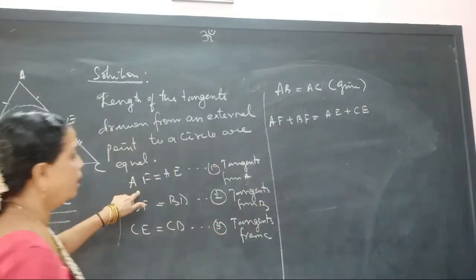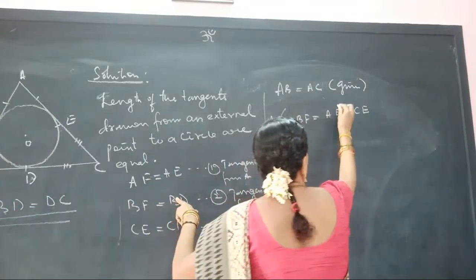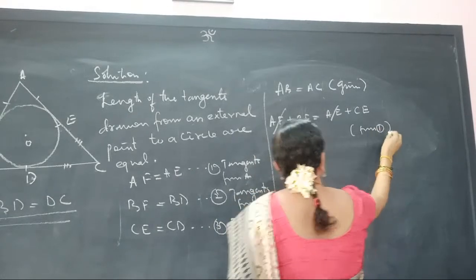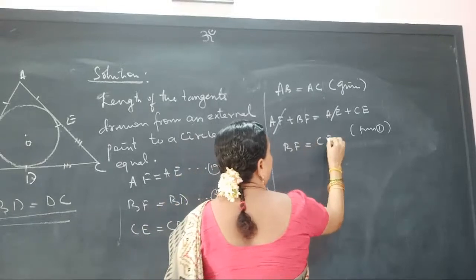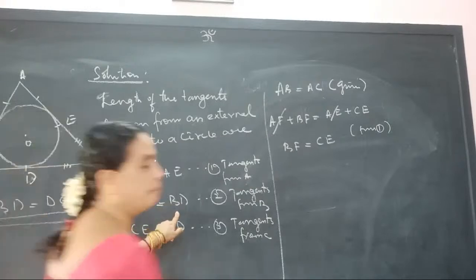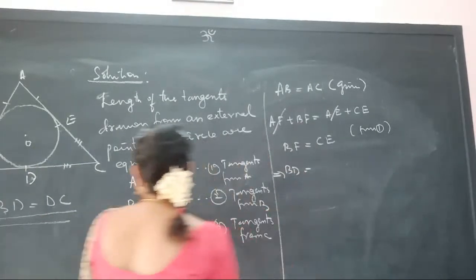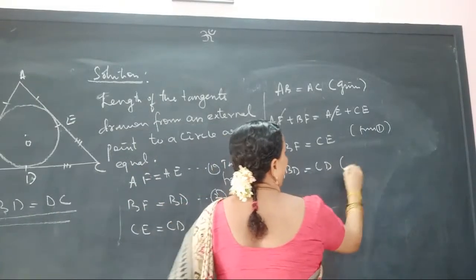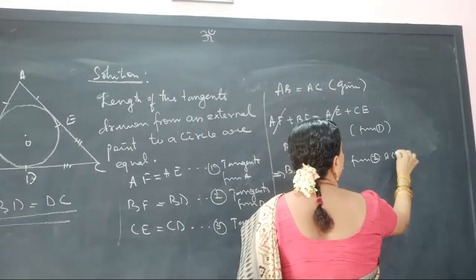But AF equals AE according to result 1. I will cancel this. What you will get? BF equals CE. But BF equals BD and CE equals CD, from results 2 and 3. Is it clear?